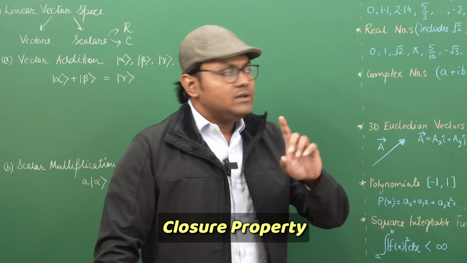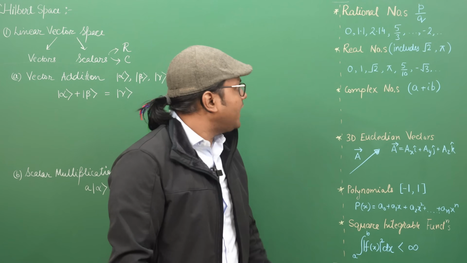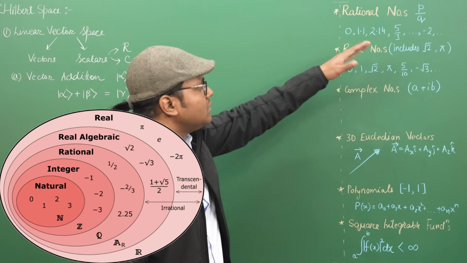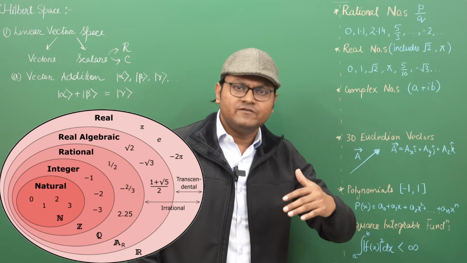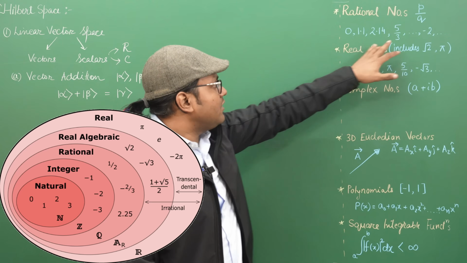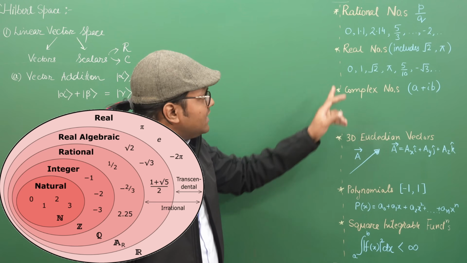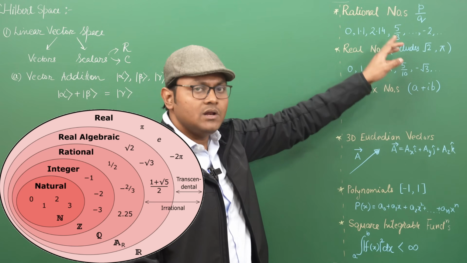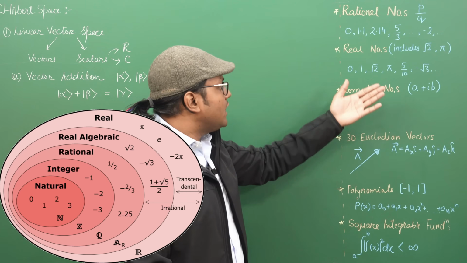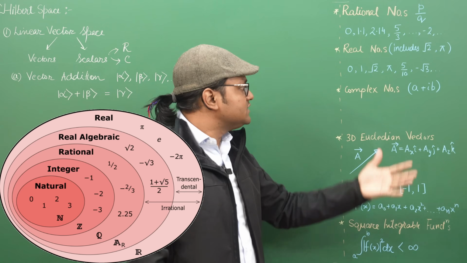Now, let's take an example: rational numbers and real numbers. You probably understand the distinction between rational and real numbers. Rational numbers include positive numbers, negative numbers, natural numbers, whole numbers, integers, anything that can be represented in the form of a fraction. Real numbers, on the other hand, include the rational numbers but also irrational numbers like square root of 2, square root of 3, and non-terminating numbers like pi.